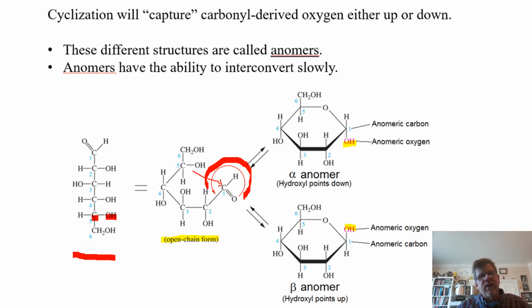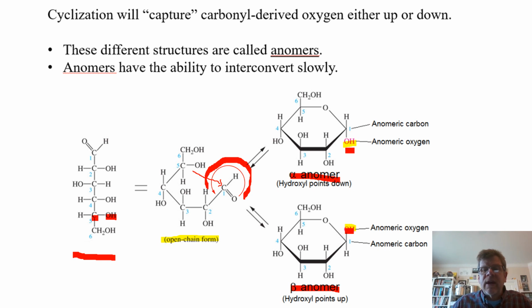So very similar to that, when we look over at the two structures on top of each other on the right-hand side, we can designate them as either what is considered an alpha anomer if that anomeric oxygen is down, or a beta anomer if that anomeric oxygen in the form of a hydroxyl is upwards. So any of these we can point at now, given we talk about an alpha or a beta anomer.